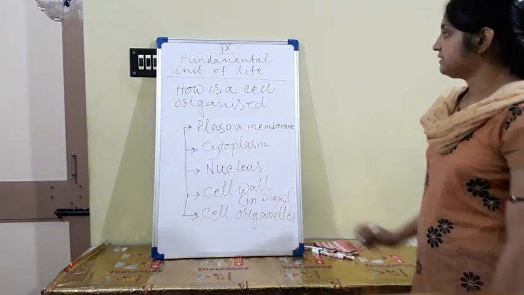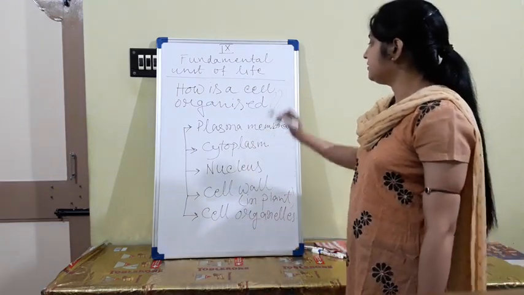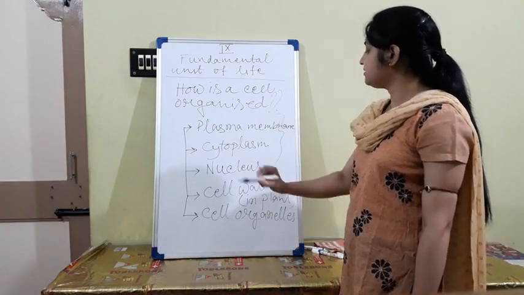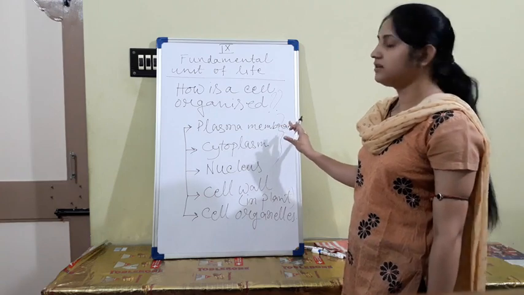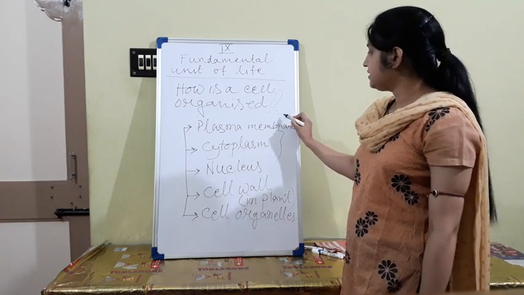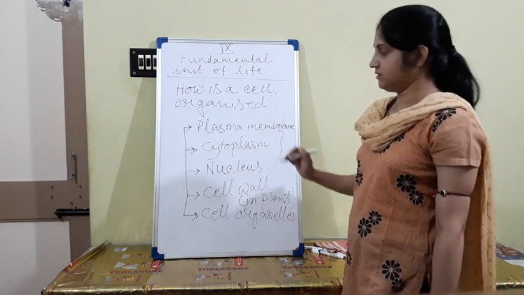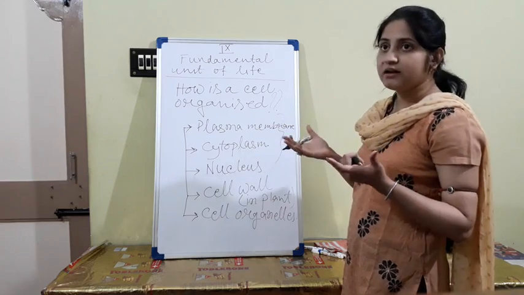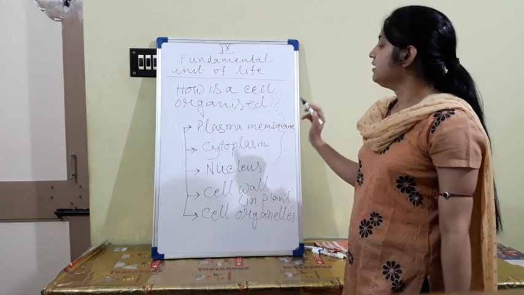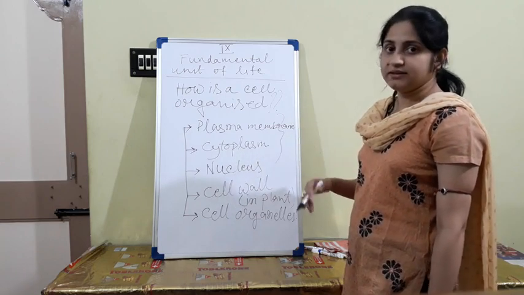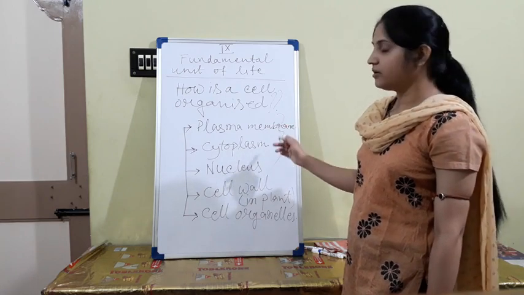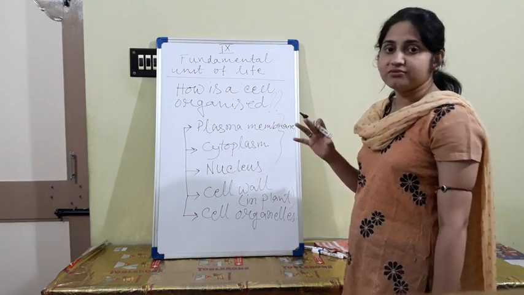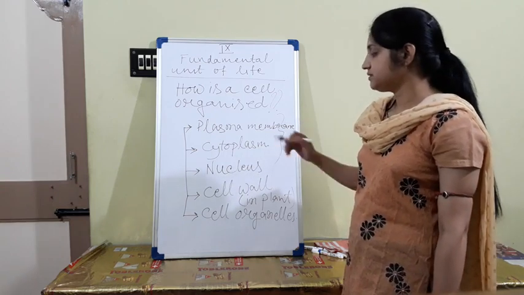So how the cell is organized and what the structure of the cell is, that is the first thing. These three are the basic components that are present in all types of cells. If any one of these three is absent, it will not be a cell. Plasma membrane or cell membrane gives the structure and protects the cell from the outer surroundings. Next one, cytoplasm, the jelly-like structure, all of you know that, and it contains all the cellular material. Nucleus, the most prominent structure, the round structure present in the cell.